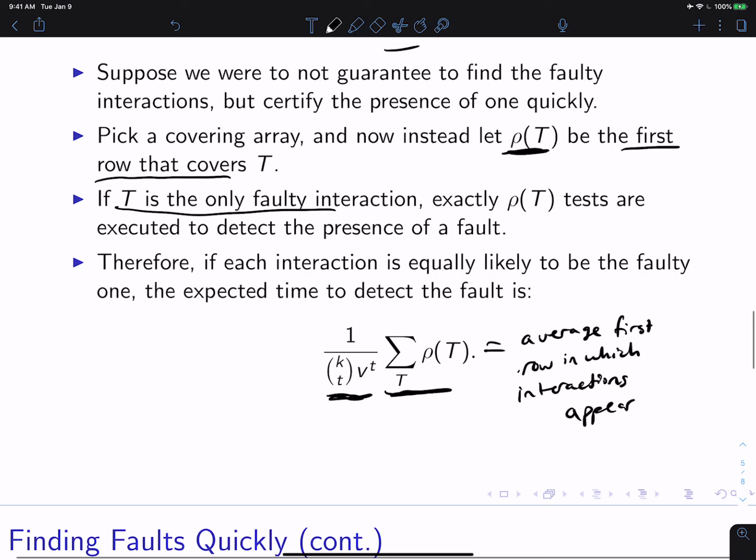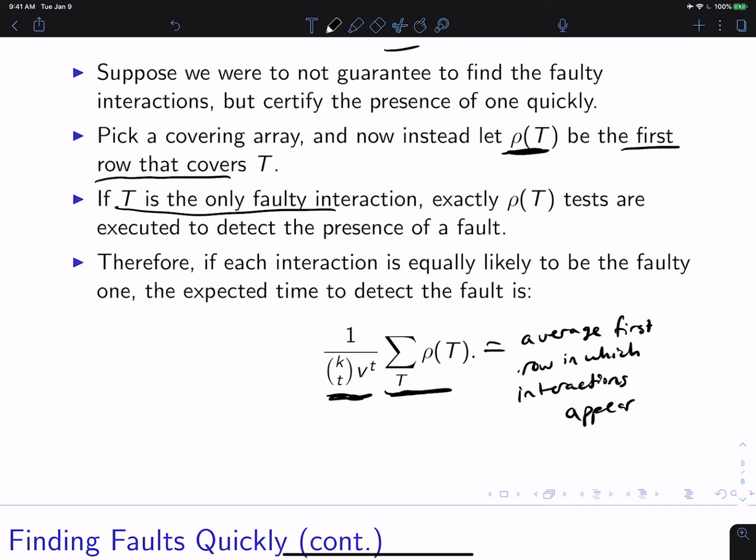Okay. And there hasn't been a lot of work on this. There has been some, though, about trying to minimize this average. Because if we can't make a determination on where the faults actually are, we just have to assume that every interaction is equally likely to be faulty.